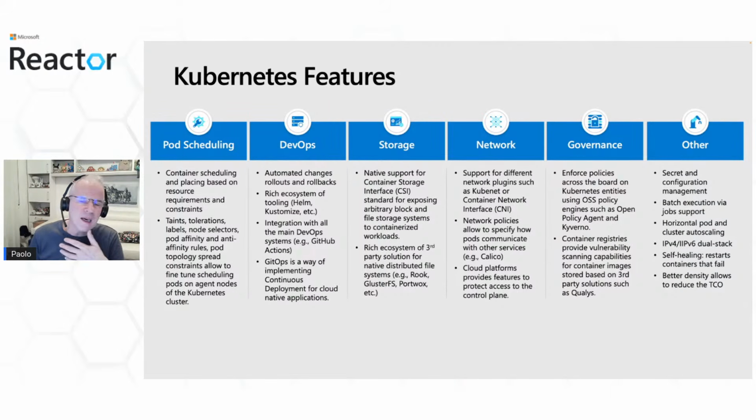Then there are many other features, because Kubernetes can also support batch execution, through jobs. It provides also the ability to support both IPv4 and IPv6, so dual stack. Self-healing, when a container fails, is restarted on another node, and so forth.